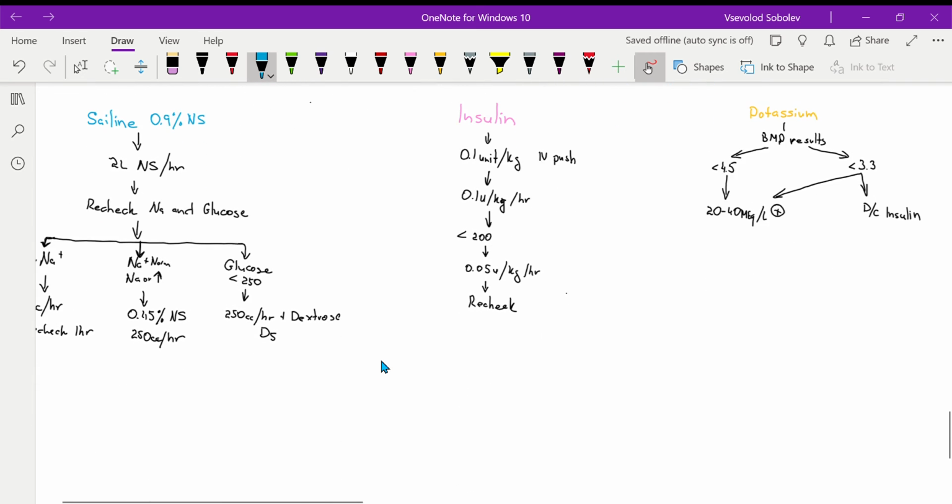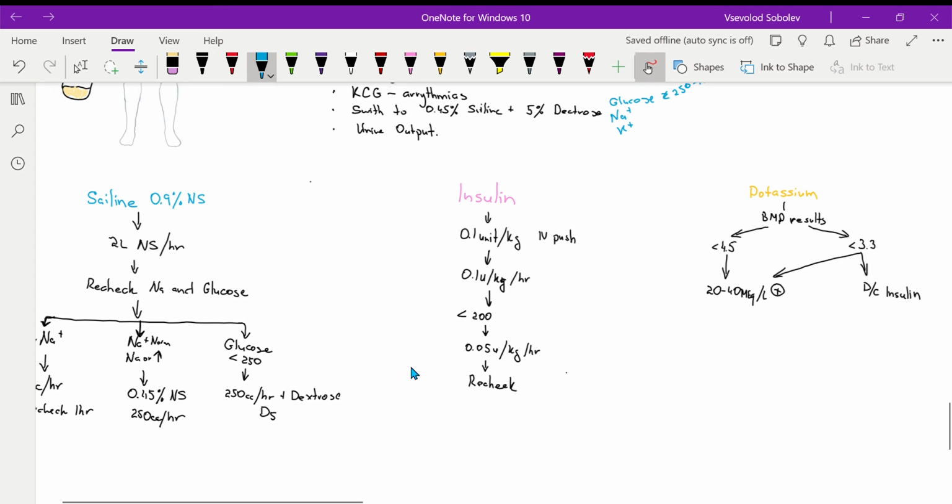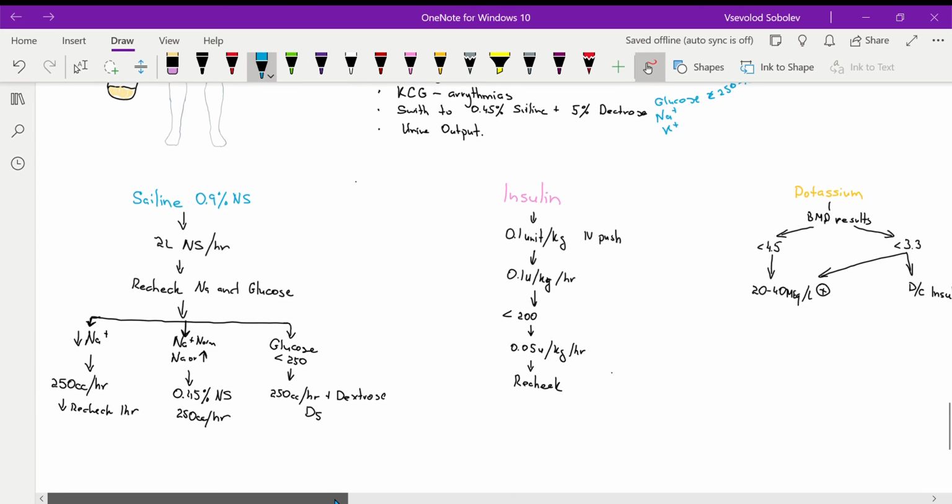So here are the 3 components that we will administer to them. The first one is normal saline. We'll start about 2 liters of normal saline per hour, and then in about an hour we check their sodium and glucose. If the sodium is still low, we will change it to 250 cc's per hour, and then recheck in an hour.